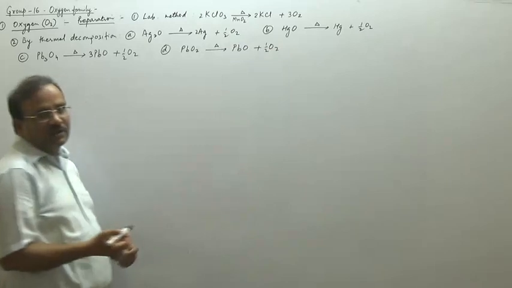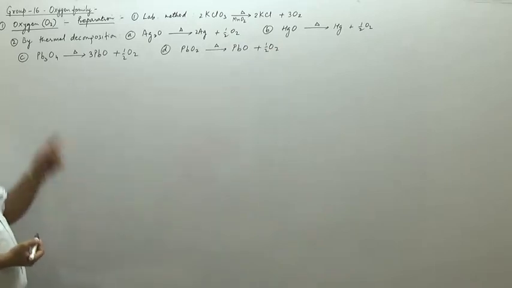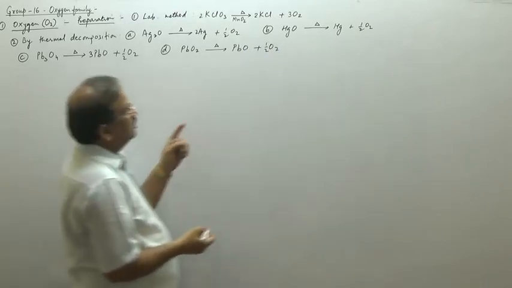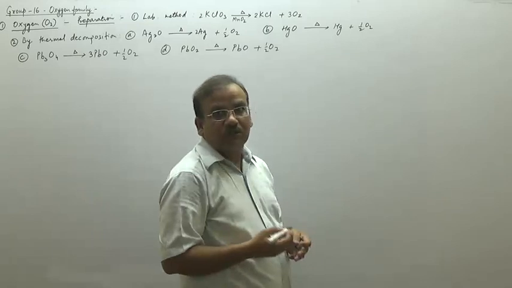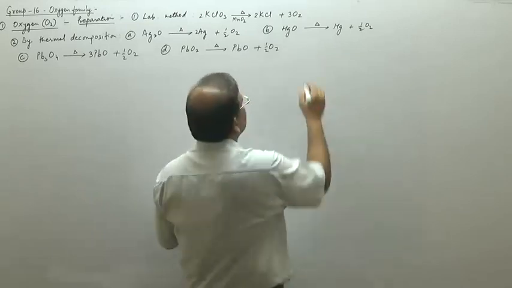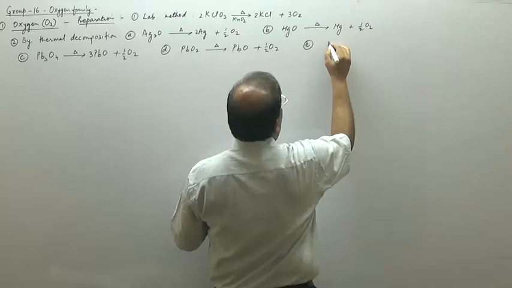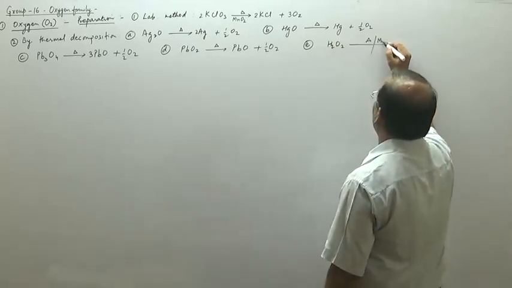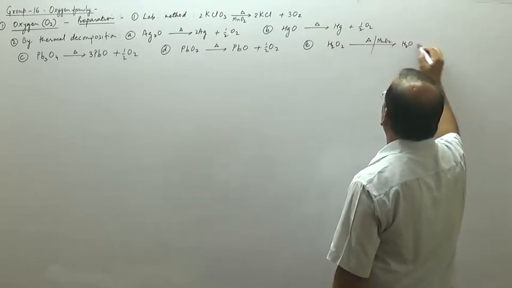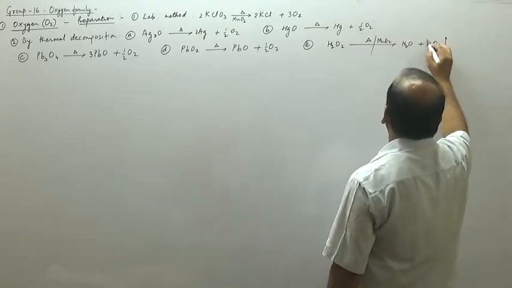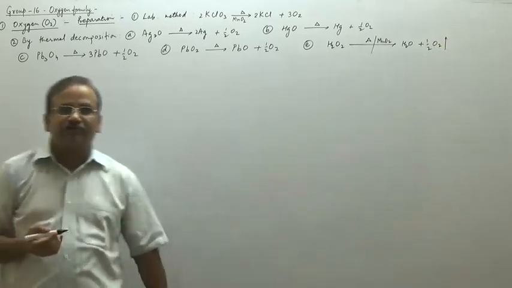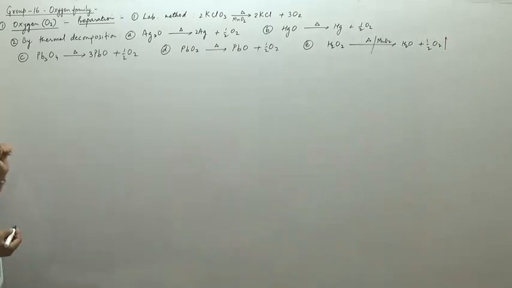Like that we can write the decomposition reactions of different oxides. Then there is the decomposition of H2O2 in the presence of MnO2, which gives H2O plus O2. These are decomposition reactions of different compounds in which oxygen is liberated and prepared.